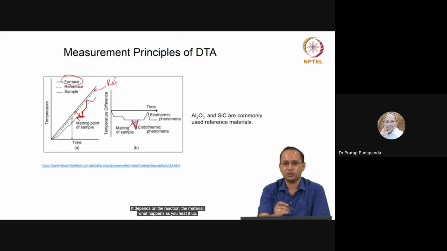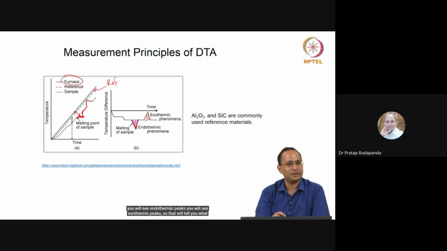It depends on the reaction, the material, and what happens as you heat it up. So in this case you see this exothermic peak. An exothermic reaction will lead to an increase in temperature of the sample, so your difference with the reference will reduce. So these are some signatures you see in a DTA curve.